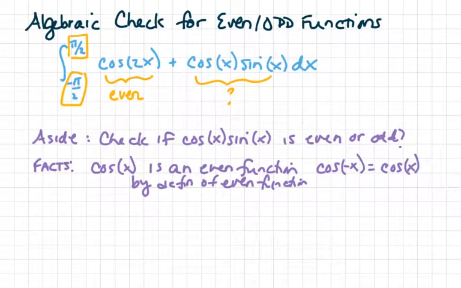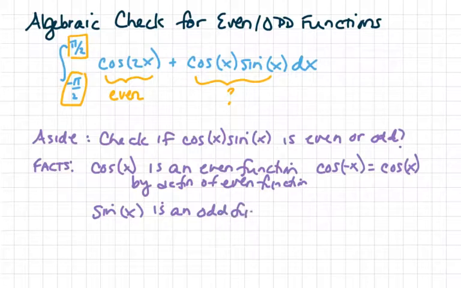The next fact that we know is that sine of x is an odd function. And by definition, that means that sine of negative x will yield the opposite of sine of x.